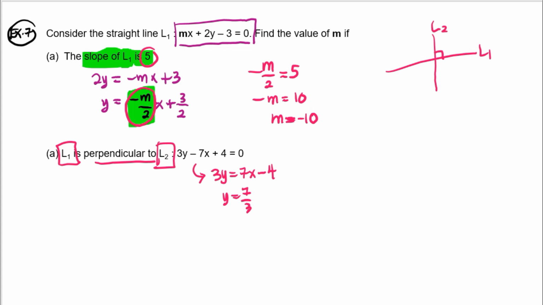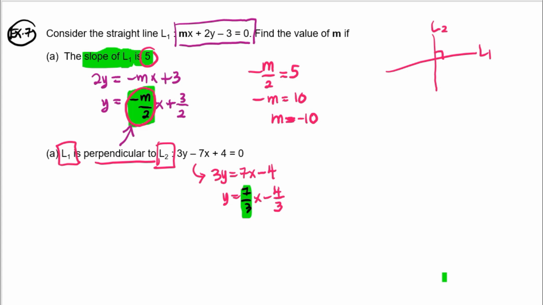Therefore I have y equal to 7 over 3 x minus 4 over 3. Now this is m of L2, and we know that the gradient of L1 is this one, we already found here.